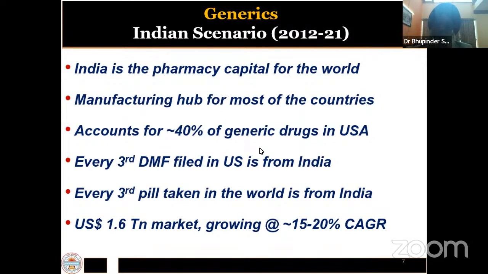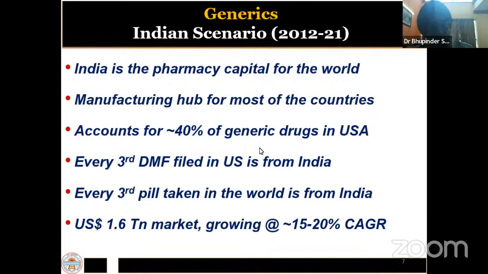Around 40% of the generic needs in the US alone are met from India. Every third drug master file filed across the US is from India. Every third pill taken across the world is from India. You should feel on top of the world, looking at the achievements of the pharma world of India.